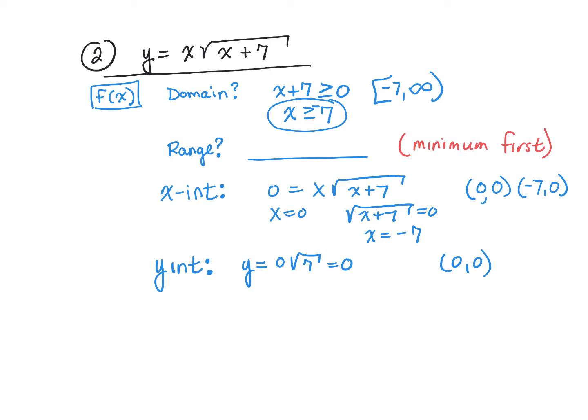So we now have two ordered pairs that we can put on the graph: (0, 0) and (-7, 0). I'll put those over here, just so we still have them. And then I want to move on to finding my first derivative.